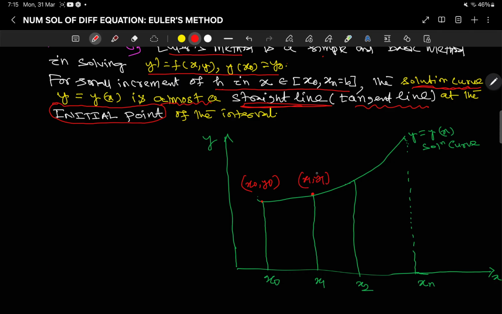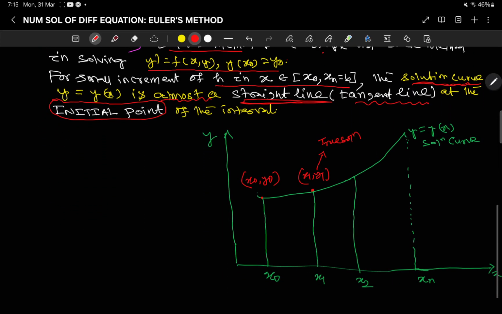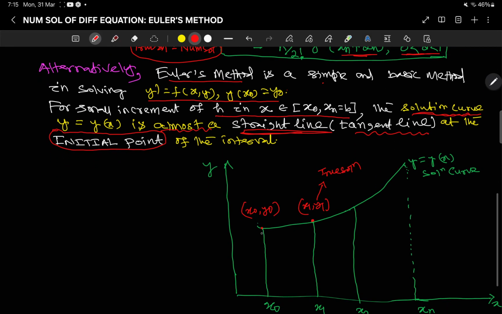So this y1 here is my true solution, because from this formula, n is greater than or equal to 0, putting n equal to 0, I find y1. So this y1 is a point here, but for the numerical solution I draw a tangent at this point, which intersects at this point.